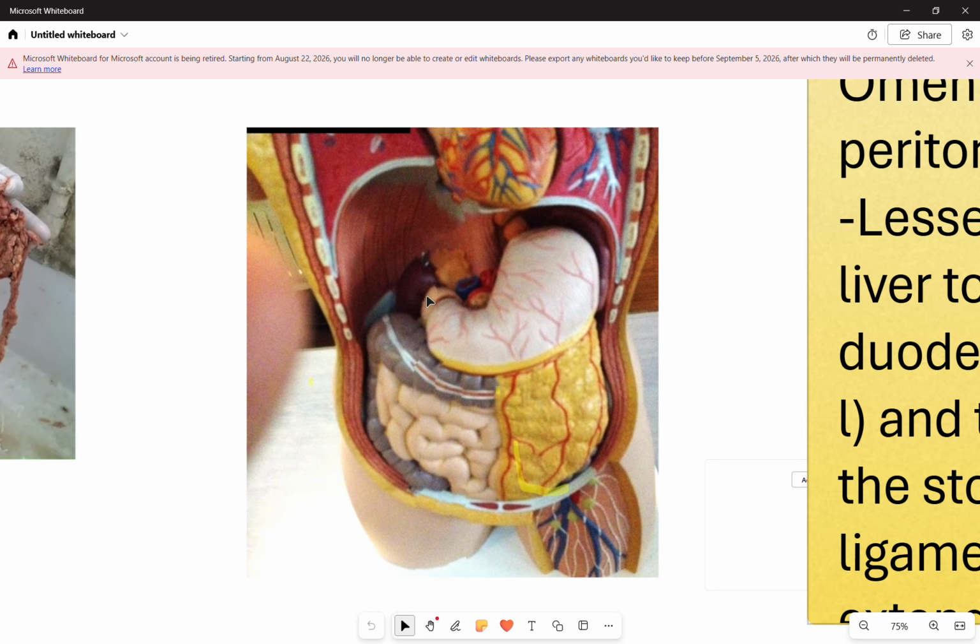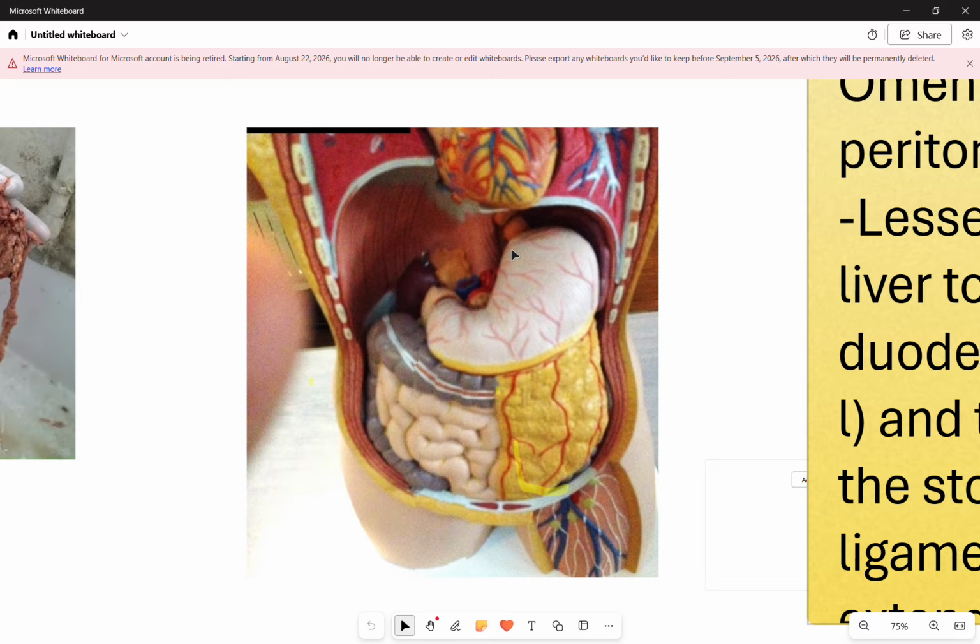Omentum has got two parts. One is known as lesser omentum and the other one is greater omentum. Our focus of attention in this presentation is greater omentum. But for the purpose of teaching and for the purpose of clear conception, I'll cover the lesser omentum as well as the greater omentum.